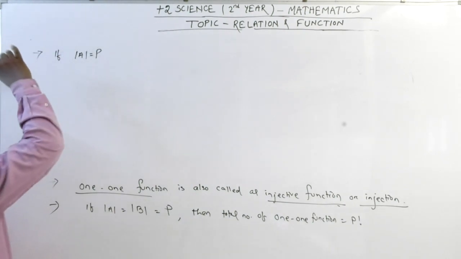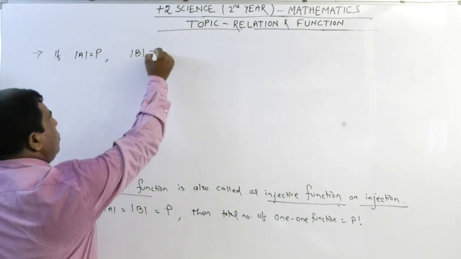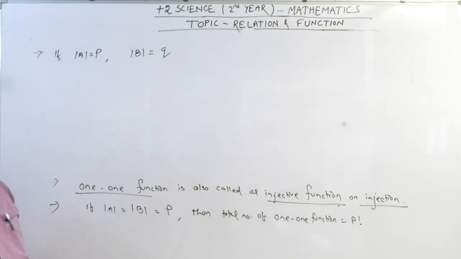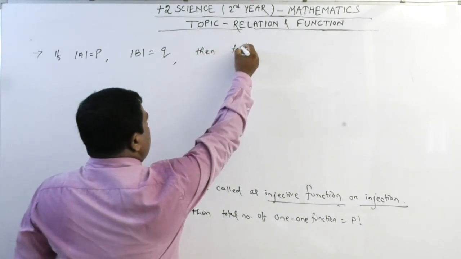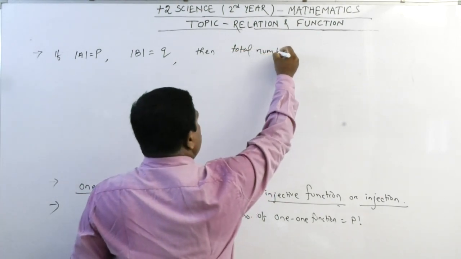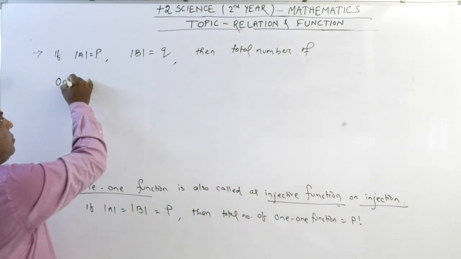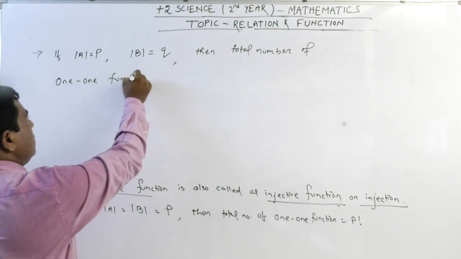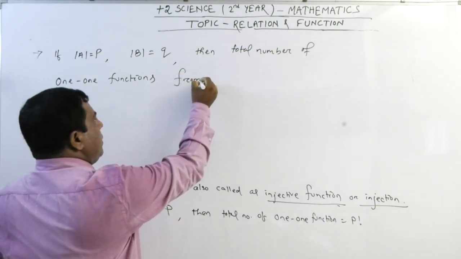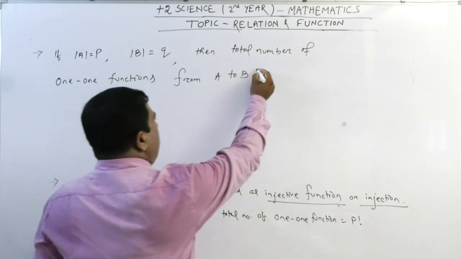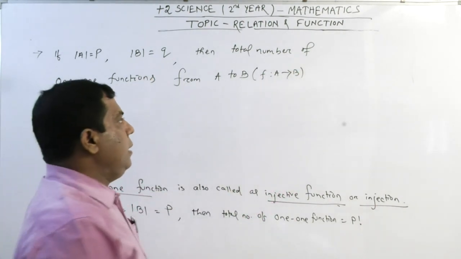So the rule says, suppose cardinality of A equal to P and cardinality of B equal to Q, then the total number of one-one functions from A to B, means f is from A to B, is equal to 0.